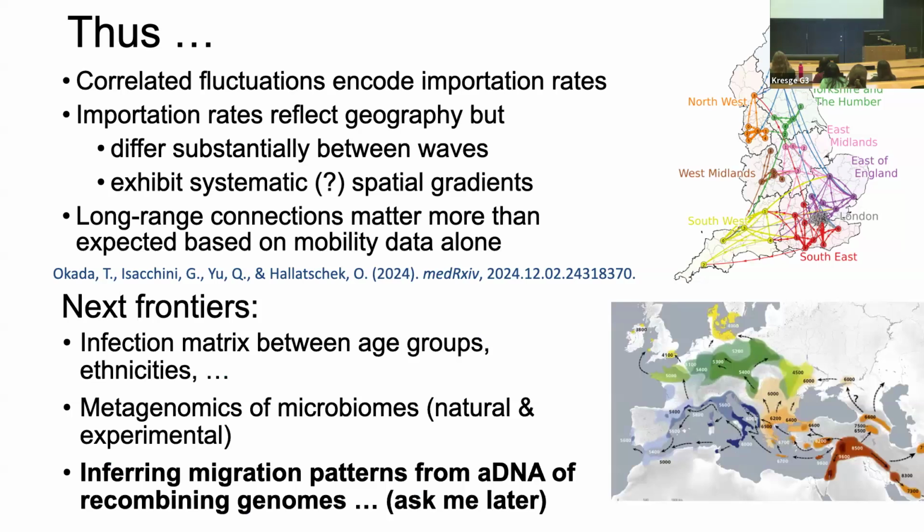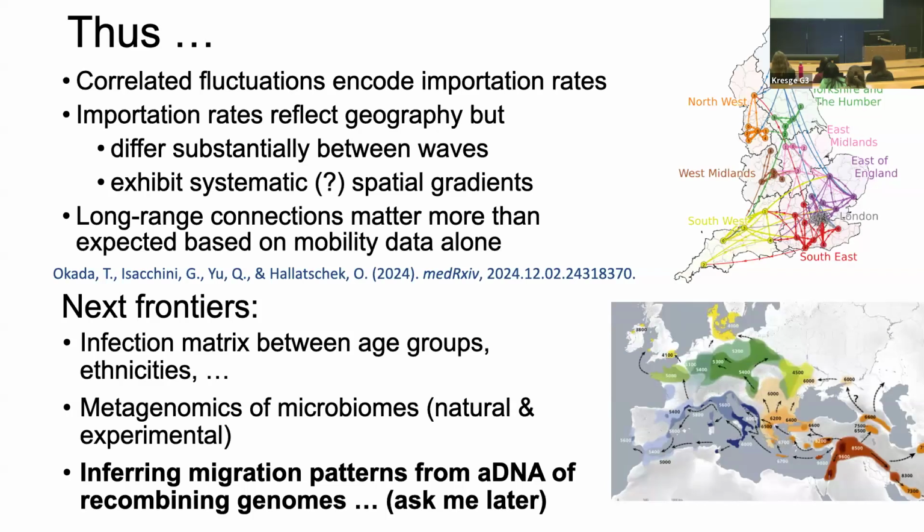I have one more thing to say about what I would like to do with this. We only had labels about locations. If you have other labels like age groups or ethnicities, we can look at their interactions, which would be extremely interesting and potentially important, but we didn't get our hands on that. If you have any suggestions, please let me know.